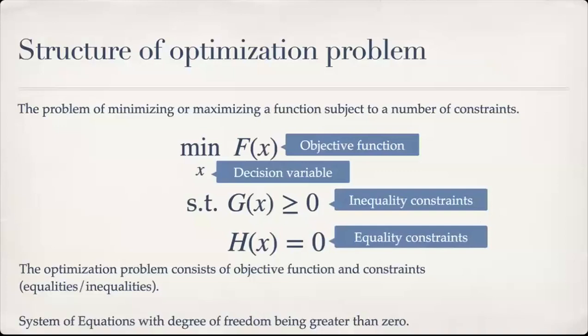Also, if we don't have decision variables, it will be a problem, right? Because we cannot adjust anything. So the most important things here are the objective function and decision variables.